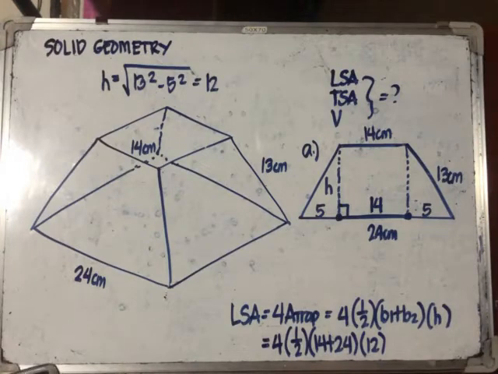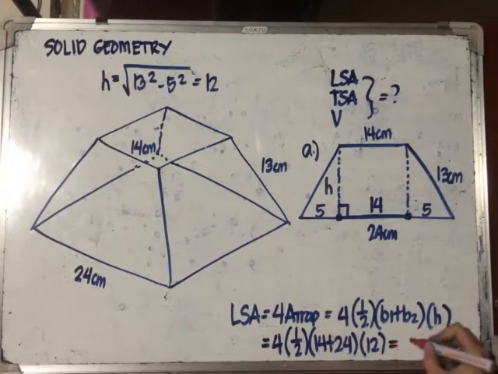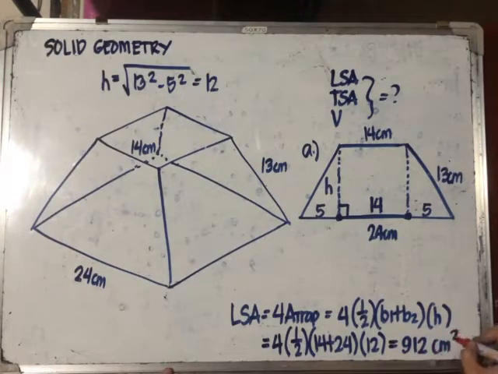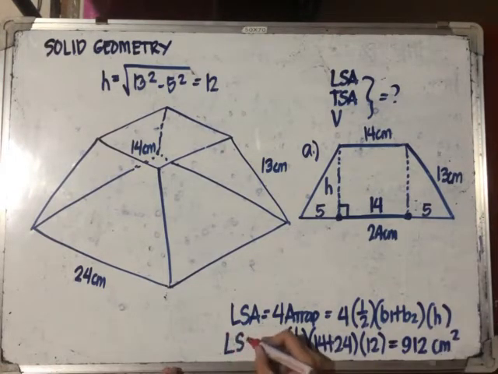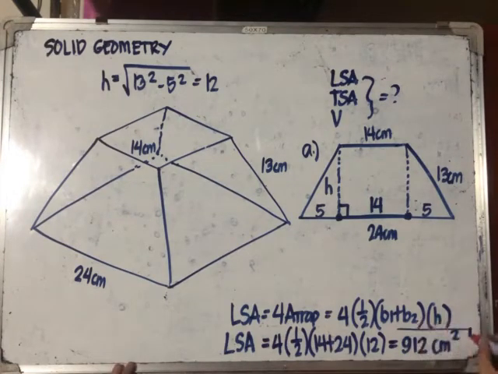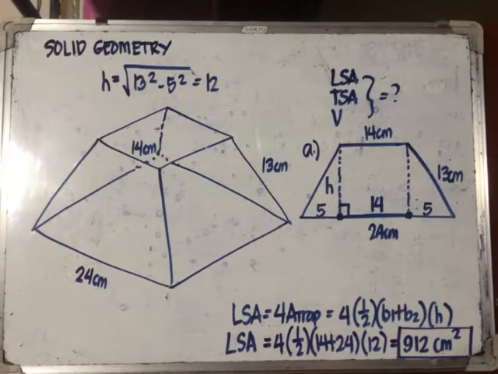So, multiplying that, that's 4 times 1/2, (14 plus 24) times 12. Okay, 912 centimeters squared. And if the video is so fast, you can slow it down or you can check it again. So that's for the lateral surface area.